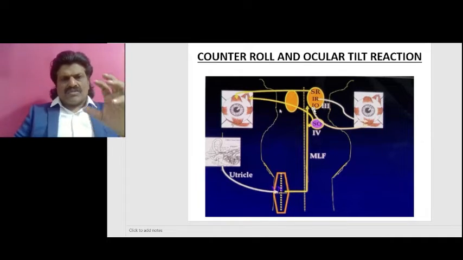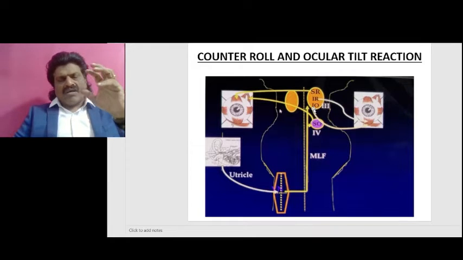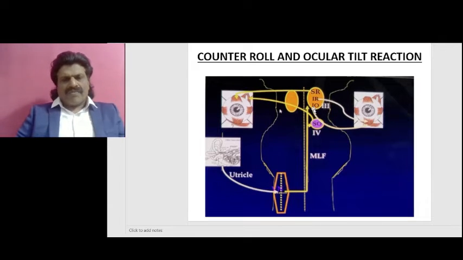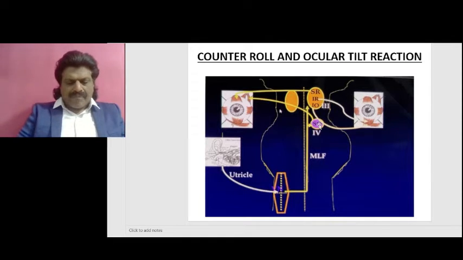The third nerve nucleus has important muscles to regulate vertical eye movements, that is superior rectus, inferior rectus and inferior oblique. The fourth nerve nucleus has an important muscle, superior oblique, to regulate vertical eye movements.